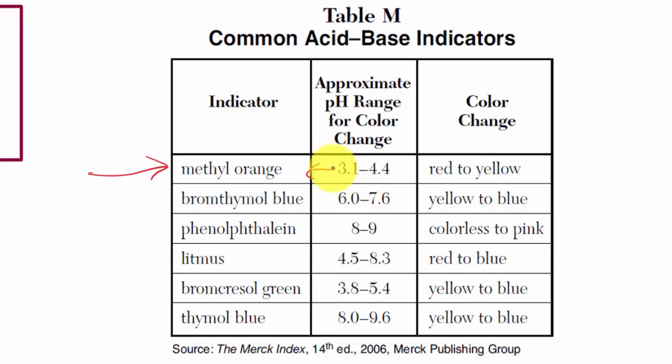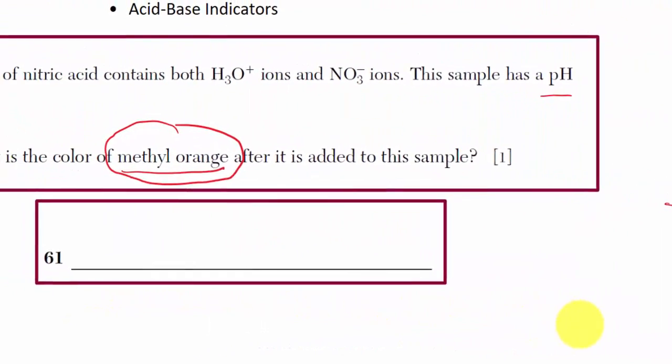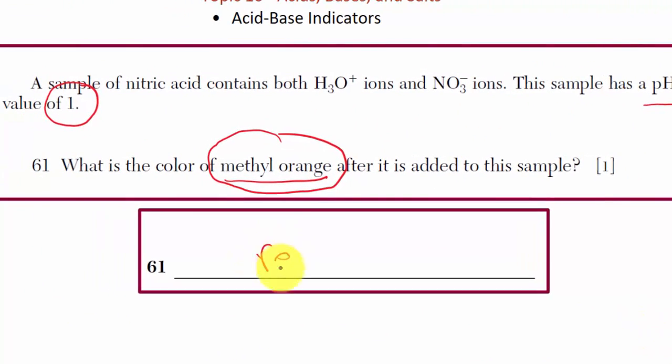So anything less than 3.1 is going to give us a red color. So this indicator is going to be extremely red because the pH is less than the lower part of the range of 3.1. So the answer to this question is the word red.